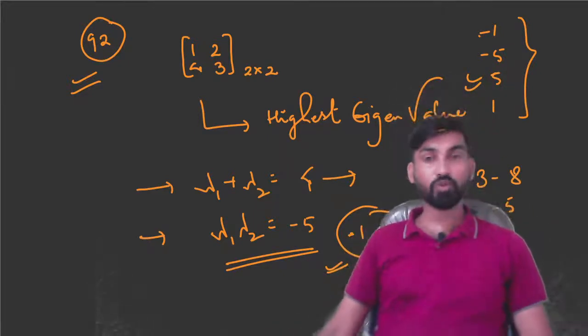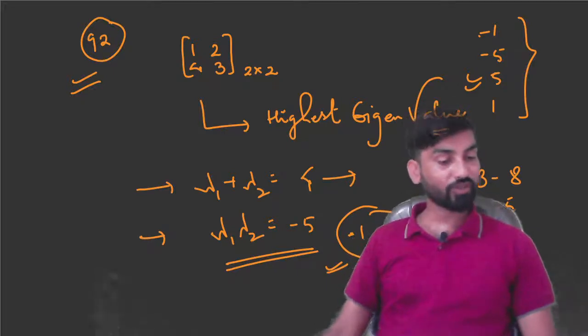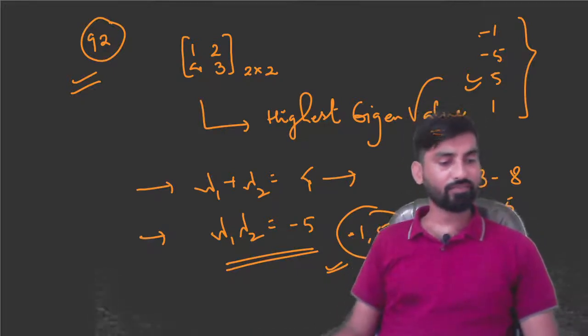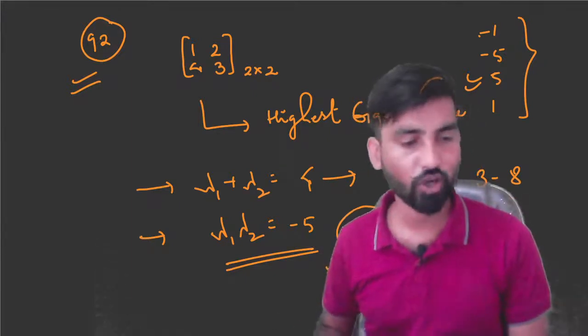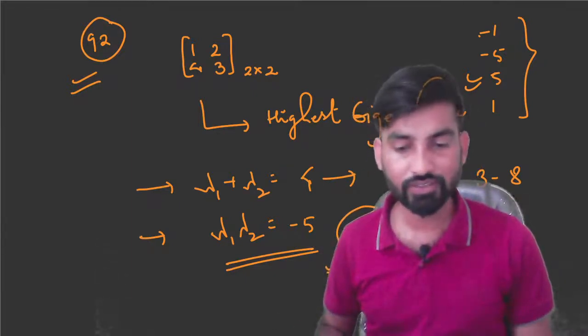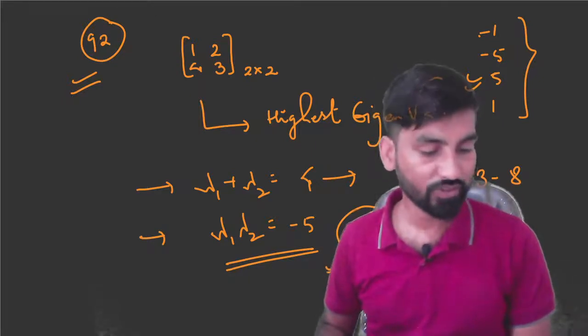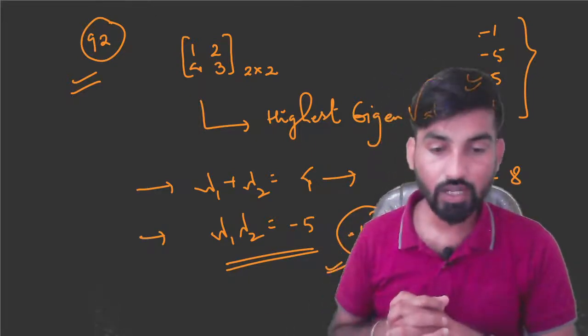The question was from entropy only. Probabilities were given for 6 messages, 1 by 8, 1 by 8, 1 by 8. It was a very easy question, anyone can solve it without using a calculator. The answer was 2.5.